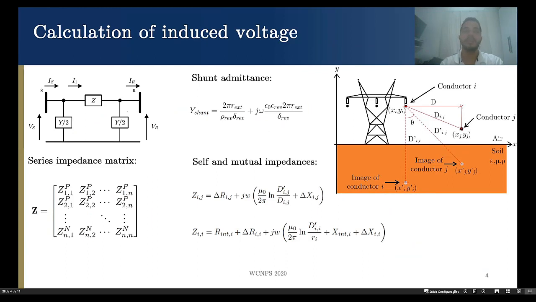For each coupled region, the proposed methodology used a pi model, whose self and mutual impedances are calculated using the power series expansions of Carson's formula.